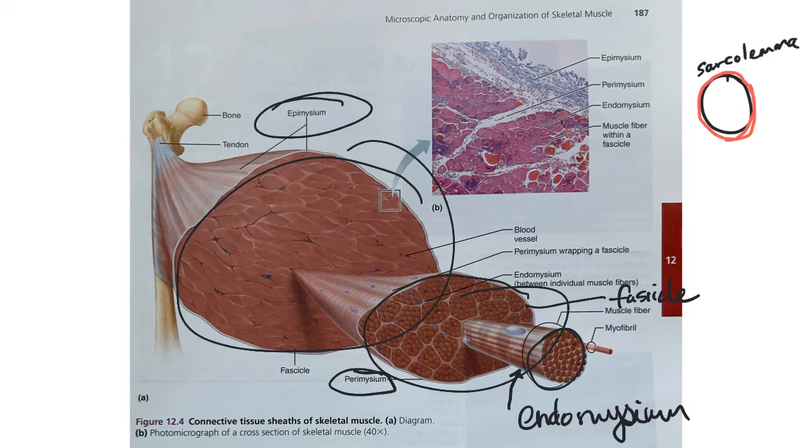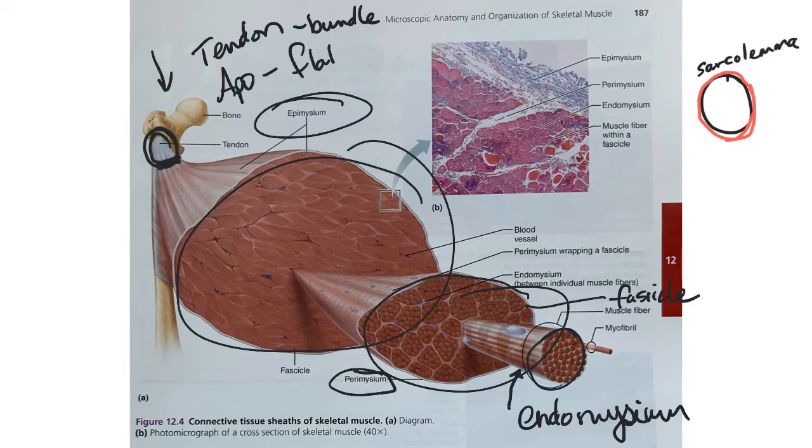If you look over here where the femur is, the muscle fibers pretty much stop here, and then the rest is all braided collagen from the endomysium, perimysium, and epimysium. So that's where we get tendons from. A tendon is a bundle of connective tissue, whereas an aponeurosis is a flat sheet.